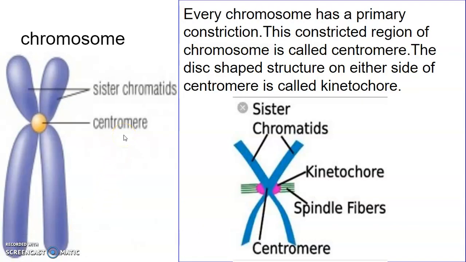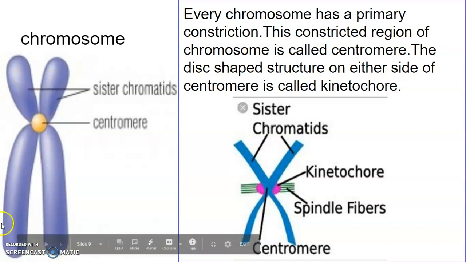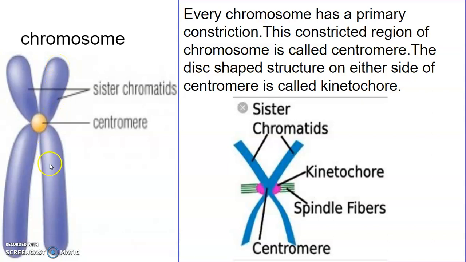Yes, children, now let's study the structure of chromosome. Each chromosome consists of two chromatids. Here we can see, children, this is a chromosome. This is one chromatid, and this is the other chromatid. These two chromatids together form a chromosome. Each chromosome has a constriction which is called the centromere or the primary constriction.